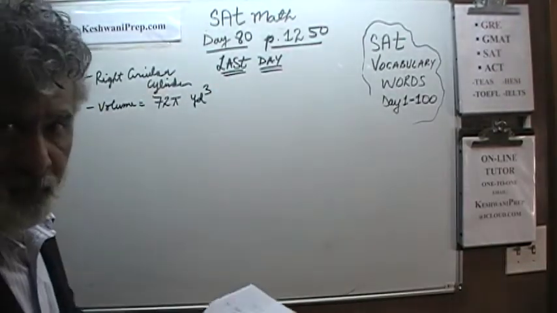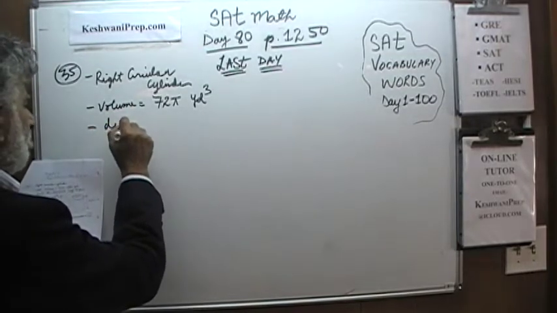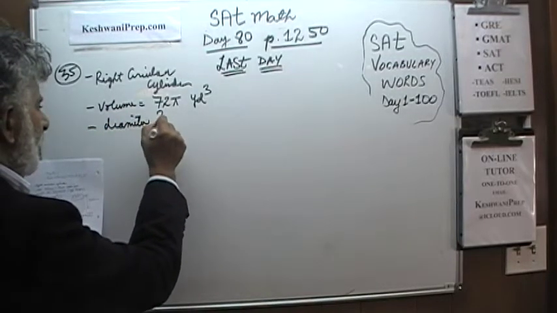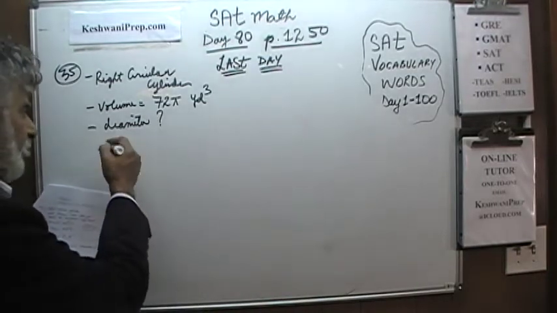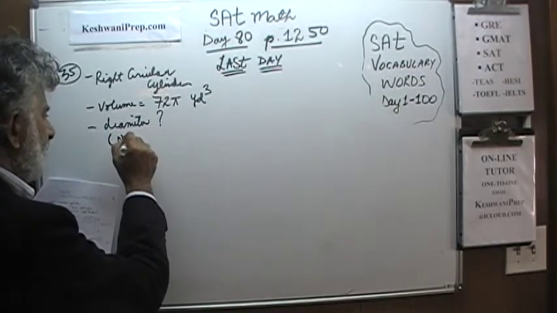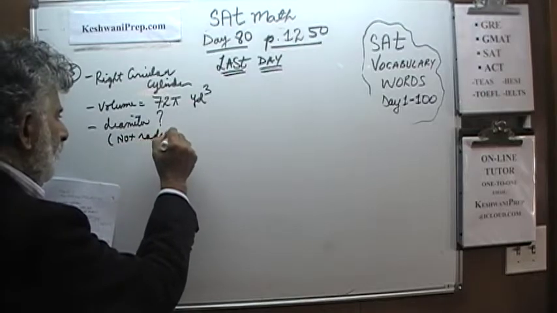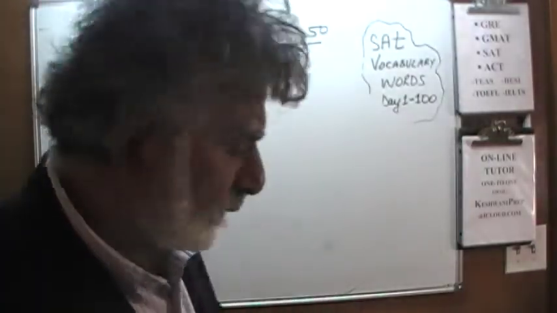Because the volume is three-dimensional, the unit is cubic, obviously. The question simply is, what's the diameter of such a circular cylinder? Keep in mind that we're looking for diameter and not the radius. Don't make the mistake of doing all the work and then picking the wrong answer.